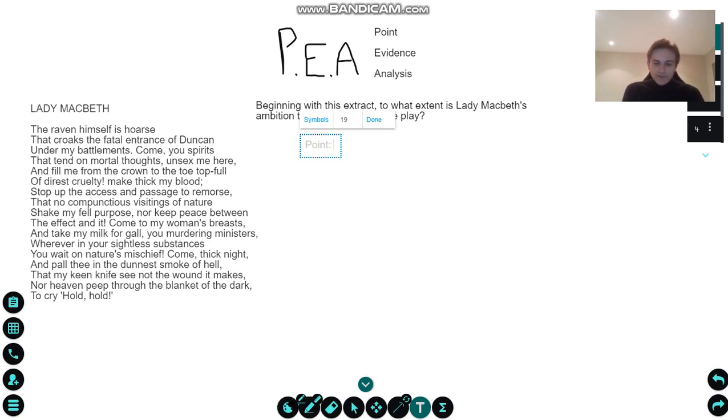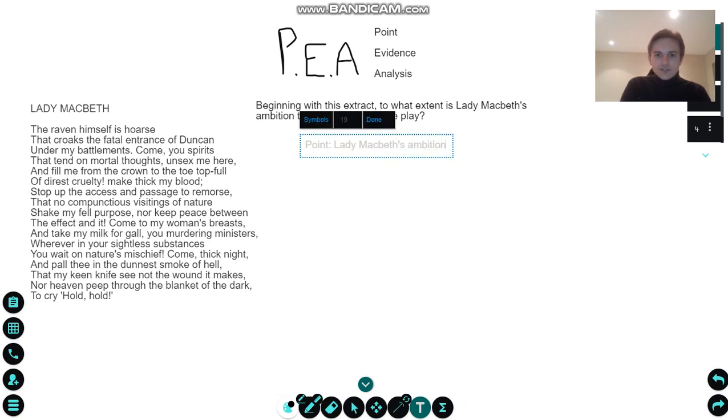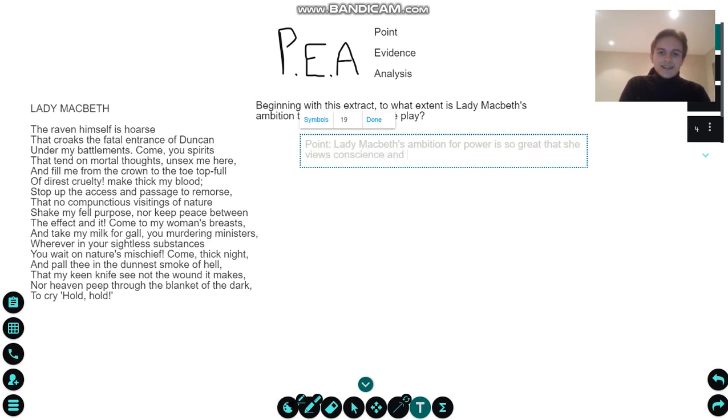So, an example of a point we could write is: Lady Macbeth's ambition for power is so great that she views conscience and morality as obstacles to be discarded.